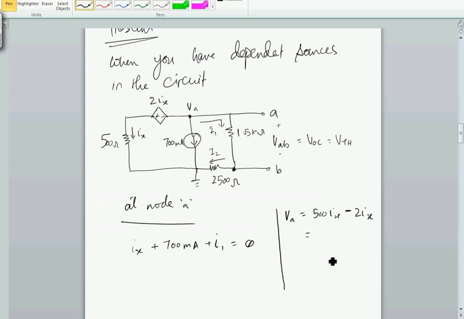So VA will be equal to 500 IX, which is the voltage drop over here, minus 2IX, which is the voltage of the dependent source, so that is going to be 498 IX. So IX will be equal to VA over 498.